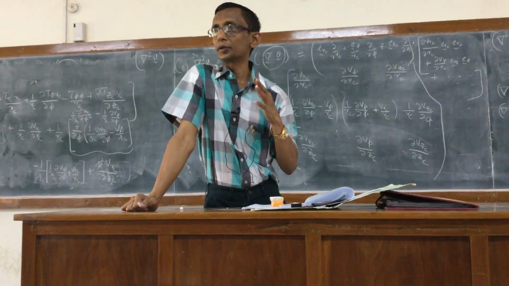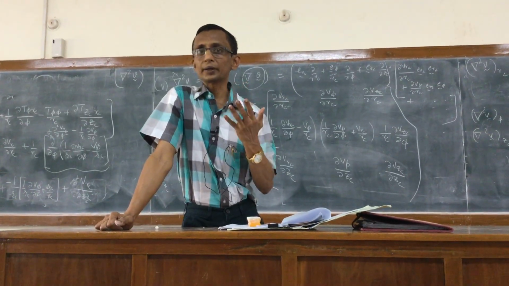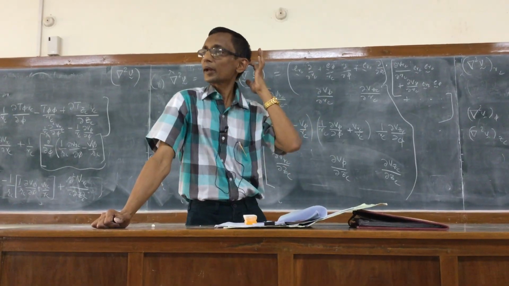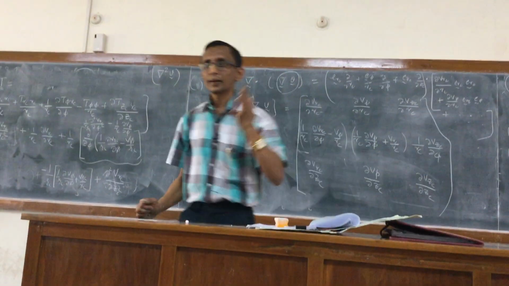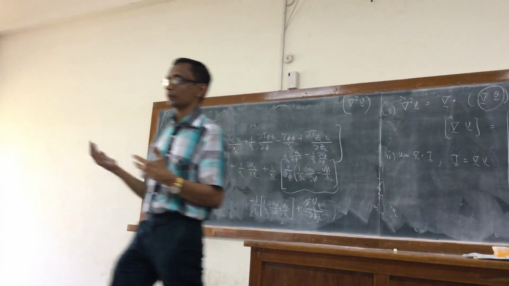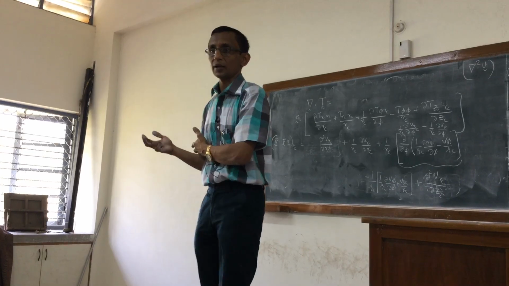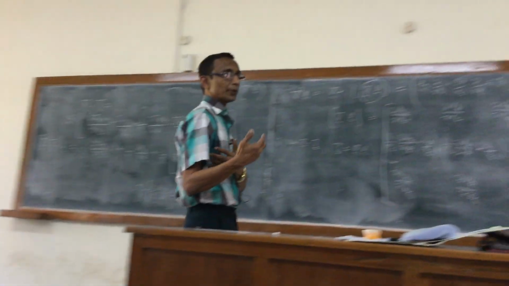So we have all these tools required to write down the equation of motion of all the three components, again in the cylindrical coordinates. And these are given in the appendices of Bird, Stewart and Lightfoot. So both the cylindrical as well as the spherical polar coordinates, and we'll be using them.